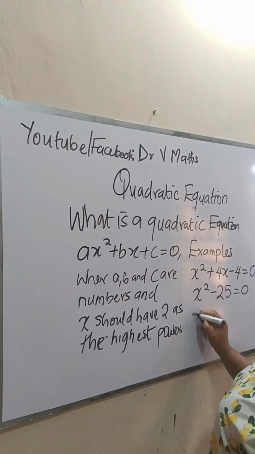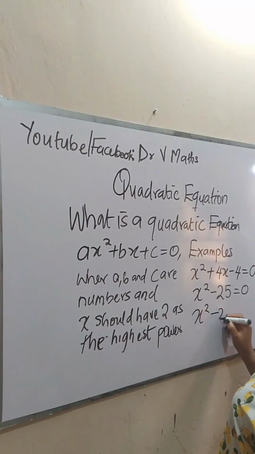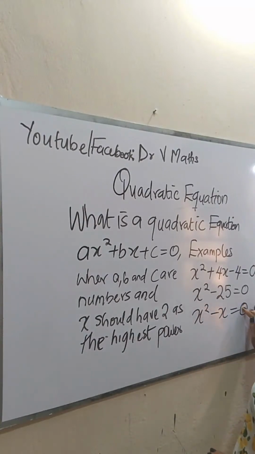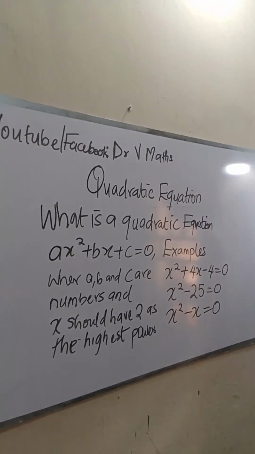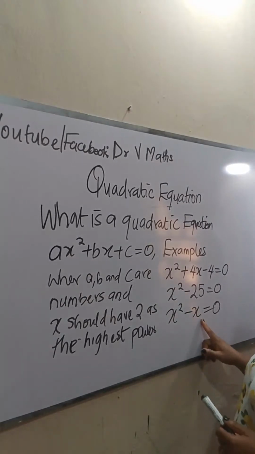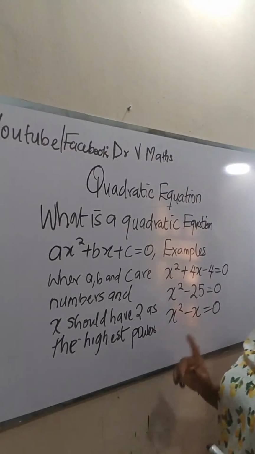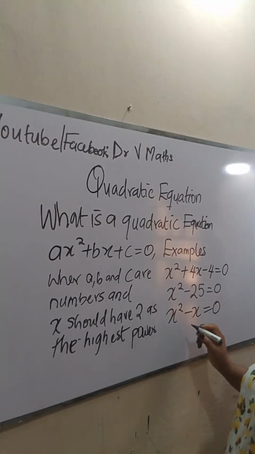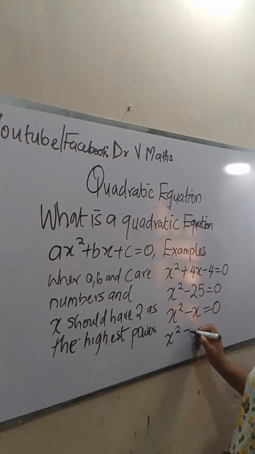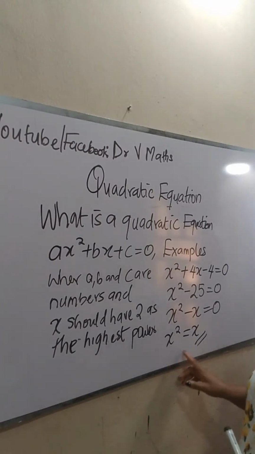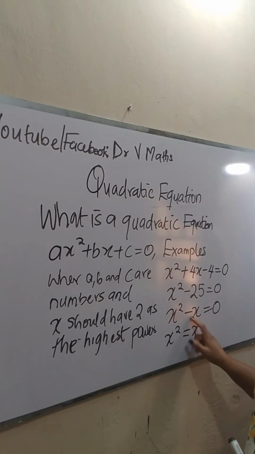If you have something like x squared minus x equals 0, this is also a quadratic because the highest power of x here is 2. Then if you're given x squared equals x, this is also a quadratic, because on rearranging this, you have what we have here.